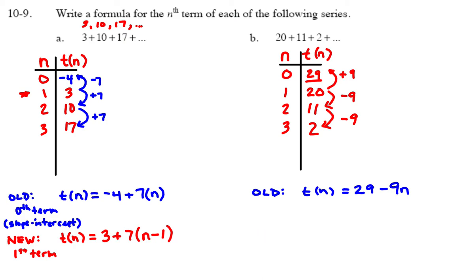Or if we're looking at the new method here, the new one would end up being t of n equals our first term, which is going to be 20, minus 9 times n minus 1.